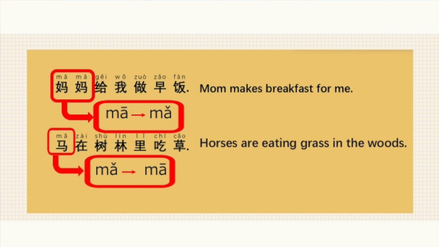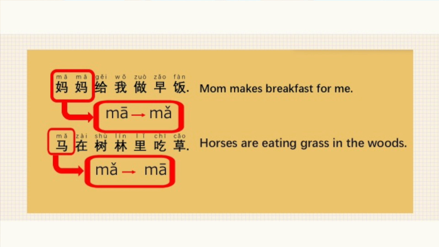If you make a mistake and say the third tone, do you think people will understand it as a horse makes breakfast for me? No, right? Definitely no. The horse is not that nice to cook for you for free. Only mom will do it. So we will understand you are talking about mom.